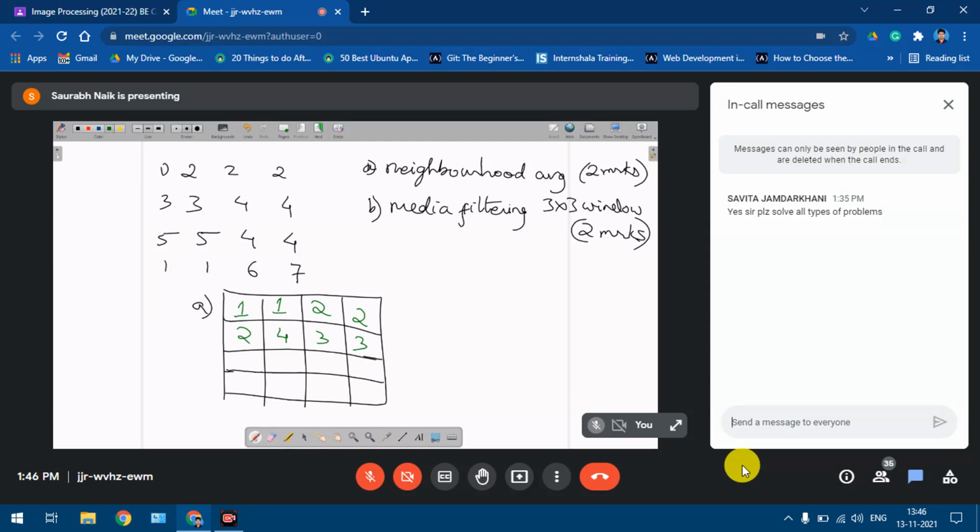So this way, you're basically going to solve the entire list of the other pixels.